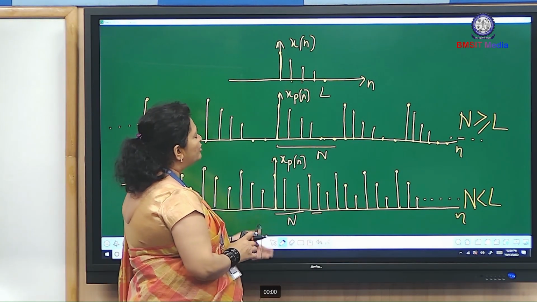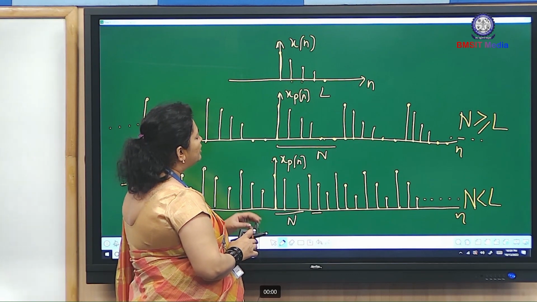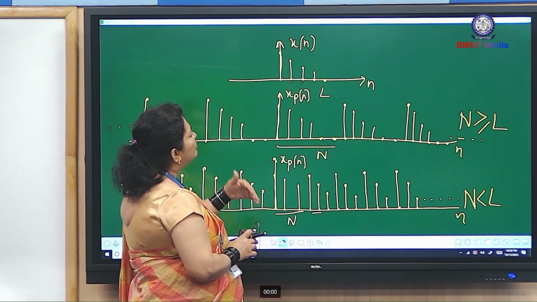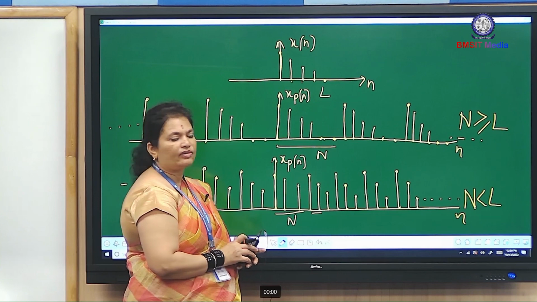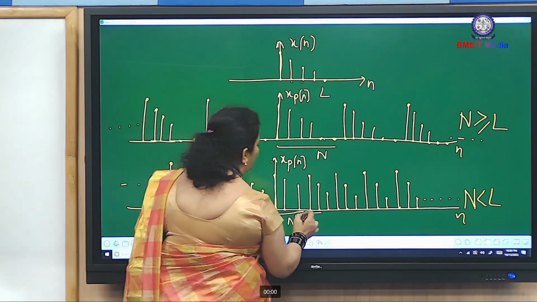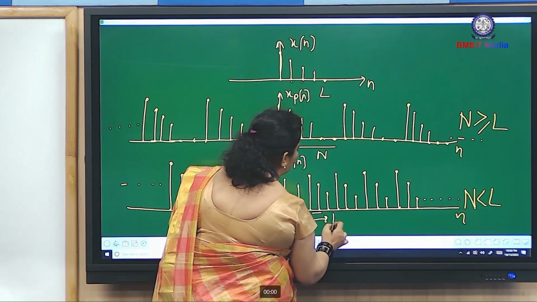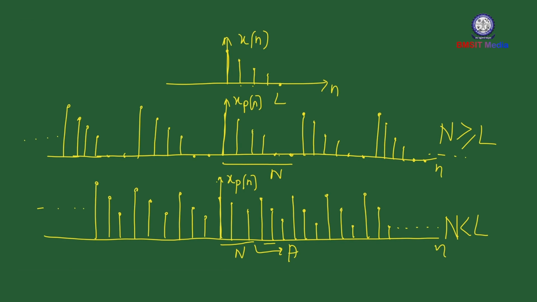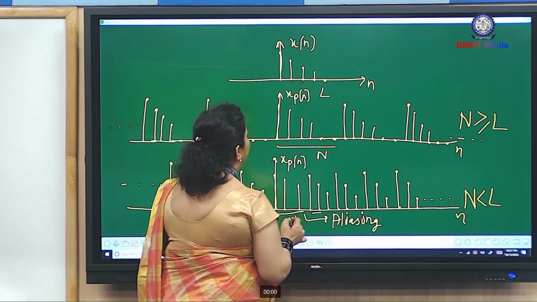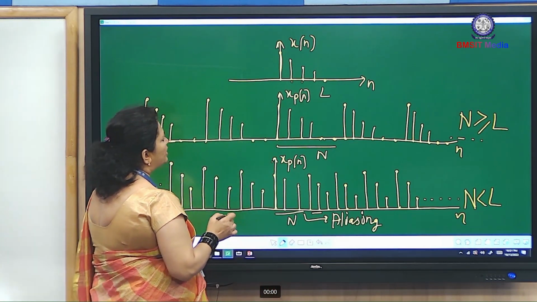Since the information is being hidden, from this xp of n we cannot get back our x of n, because this is an aliasing condition. So here the last two samples of x of n are being overlapped. So this is aliasing in time domain.